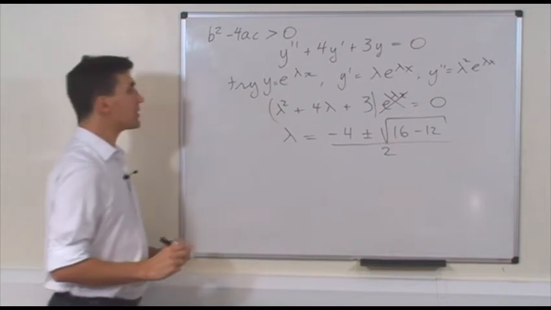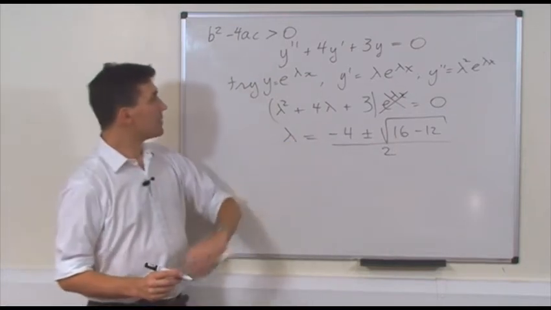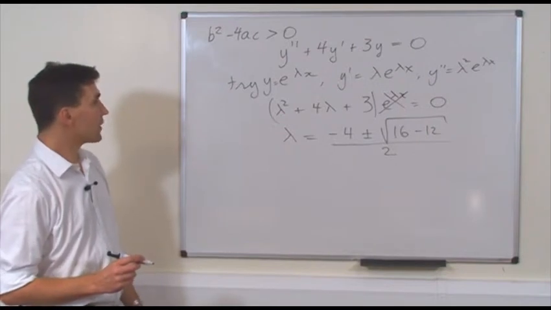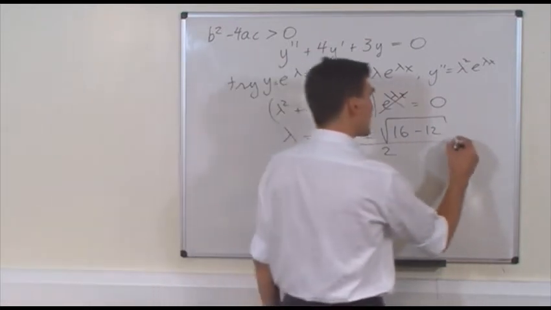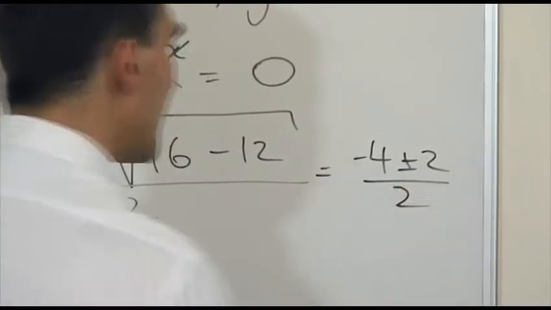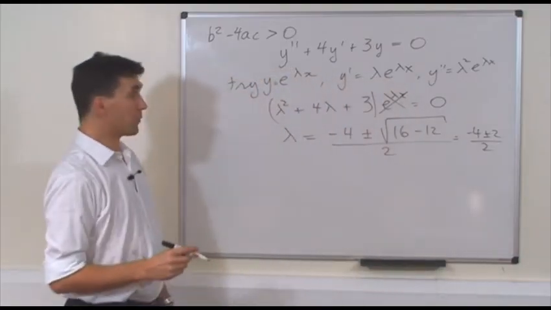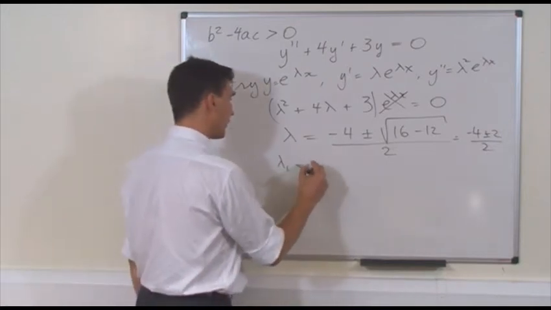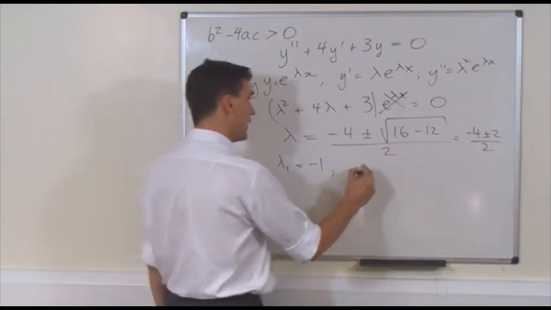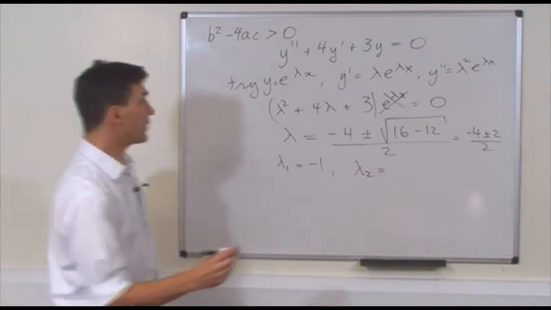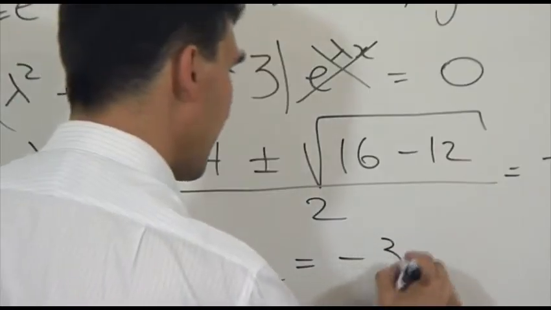So a is 1, so that's 2. 16 minus 12 is 4. Square root of 4 is 2. So that's minus 4 plus or minus 2, all divided by 2. So if it's minus 4 plus 2, that's minus 2, divided by 2, so lambda 1 is minus 1. And lambda 2 is minus 4 minus 2, minus 6 divided by 2, so that's minus 3.